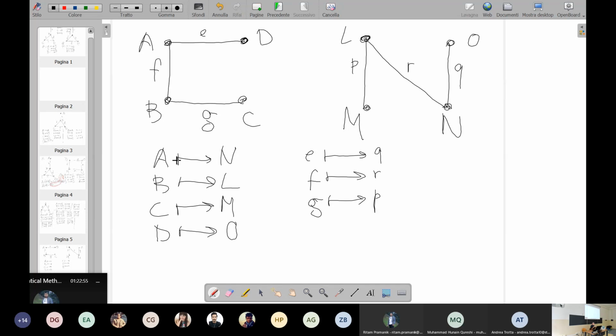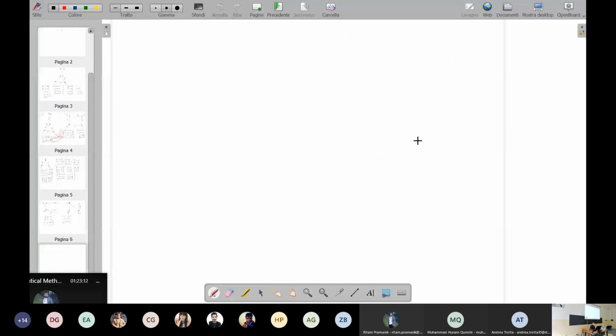So I will not count them as two different things, because we'll consider in just one class the isomorphic graphs, okay? So let me start. And as I said, it's not easy to do all in a small board like this, but we'll try.